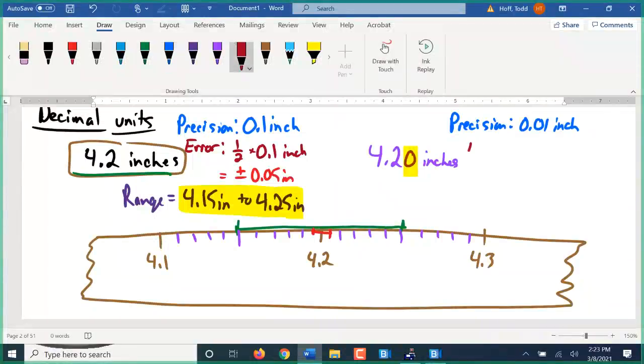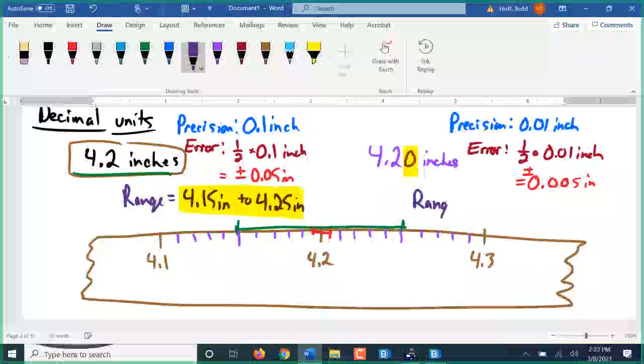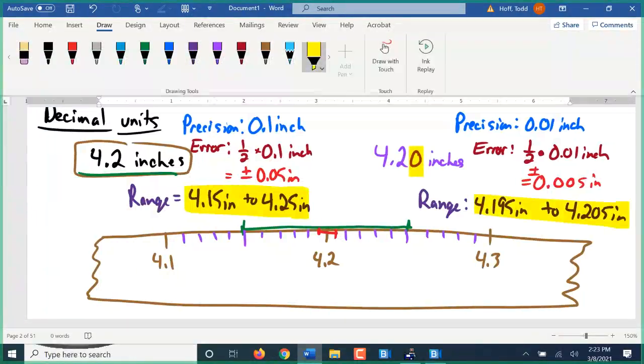Which then implies that our error is half of that. 1/2 times 0.01 inch gives us 0.005, plus or minus 0.005 inches as our error, which implies a range. 4.2 minus 0.005 is 4.195 inches, to 4.2 plus 0.005 of 4.205 inches. That is a much smaller range.